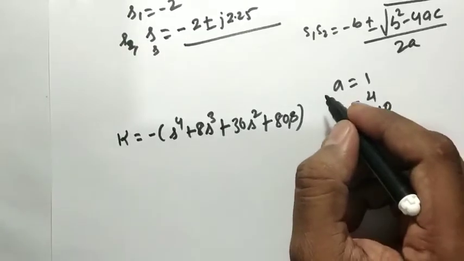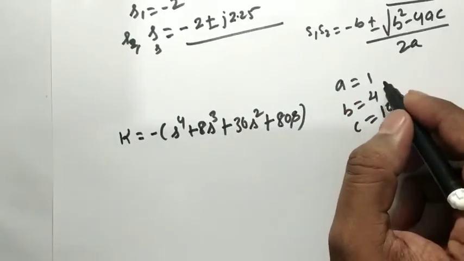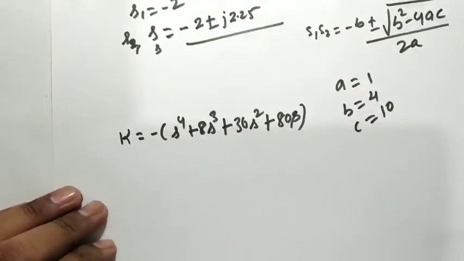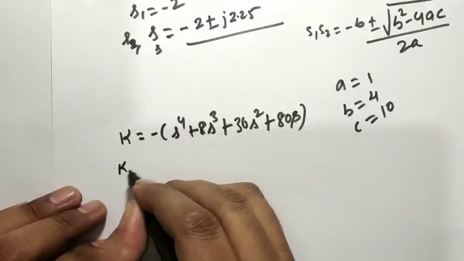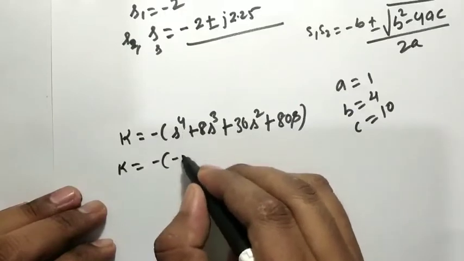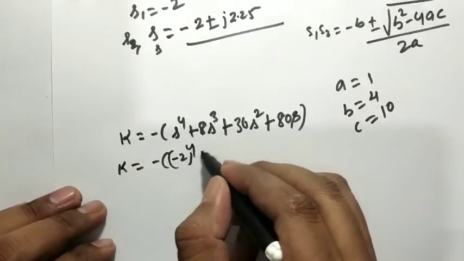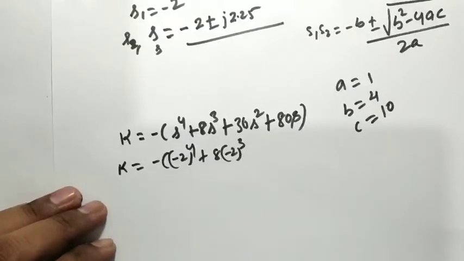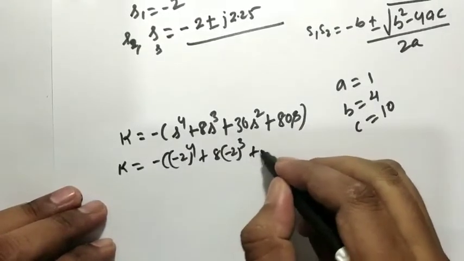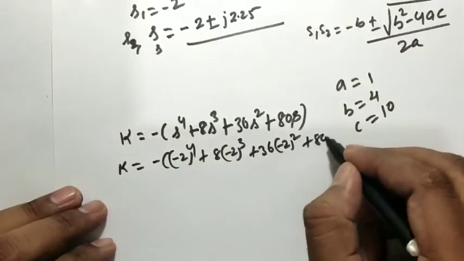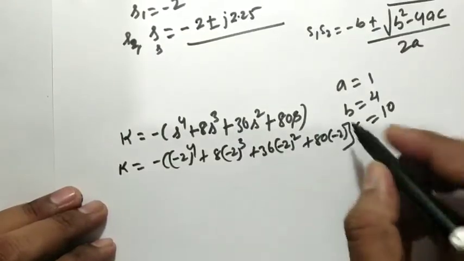So now you have to substitute all these s values in this equation. S is equal to minus 2. So when you substitute s is equal to minus 2, minus 2 whole power 4, then 8 into minus 2 whole power 3, right? Next, that is 36 into minus 2 square, and 80 into minus 2, right?